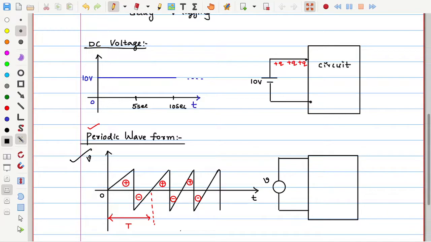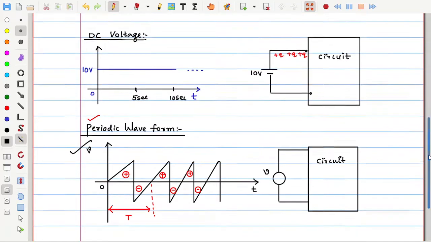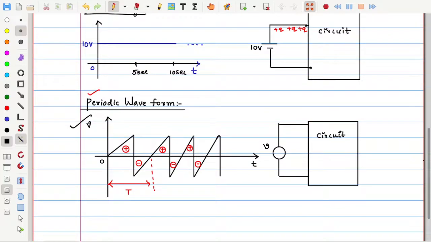Now, how could I check this AC wave nature with the DC, that is, how much this AC wave is transferring the charge from this source to the circuit. That is the comparative point which we would like to take up in the further discussion.